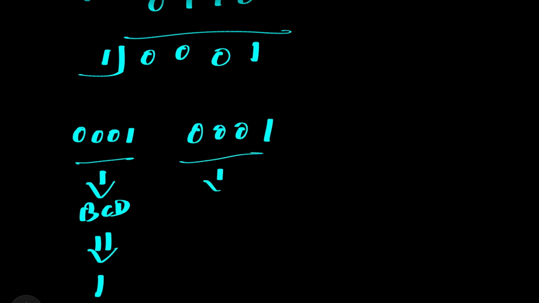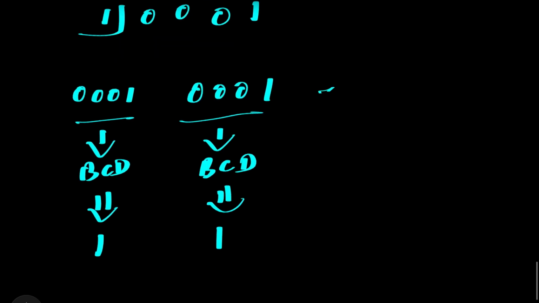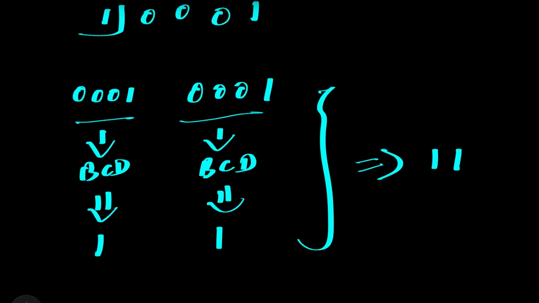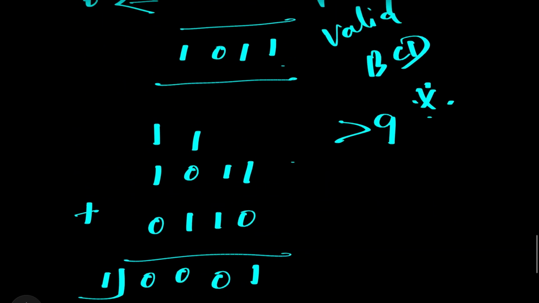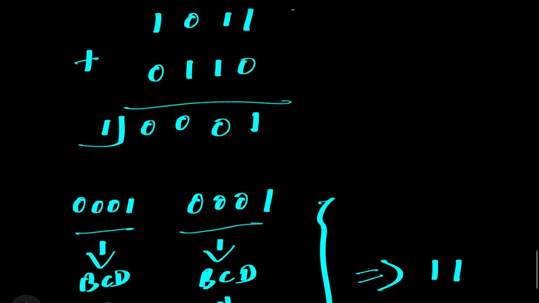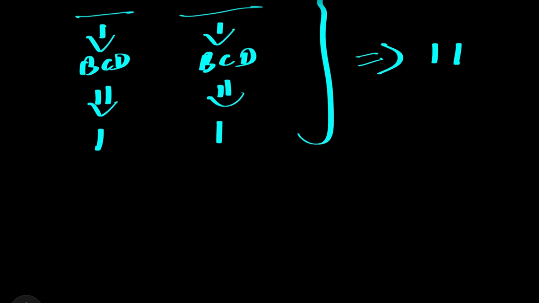And again this is a valid BCD, and that represents the decimal value 1. So altogether we obtain the output as 11, which is the actual value of 6 plus 5. So this is how the BCD correction will be applied for the non-valid BCD.